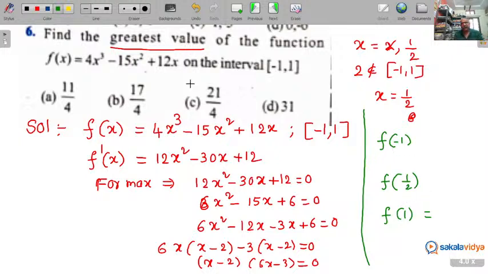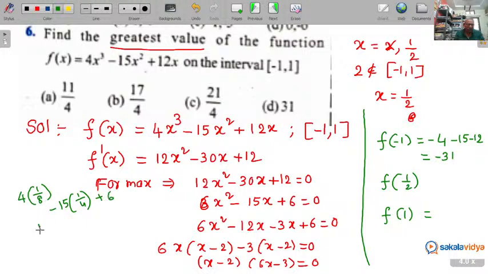So, f of minus 1 means you will be getting minus 4 minus 15 minus 12, am I right? So, that is equal to minus 31. So, f of half means 4 into 1 by 8 minus 15 into 1 upon 4 plus 6.